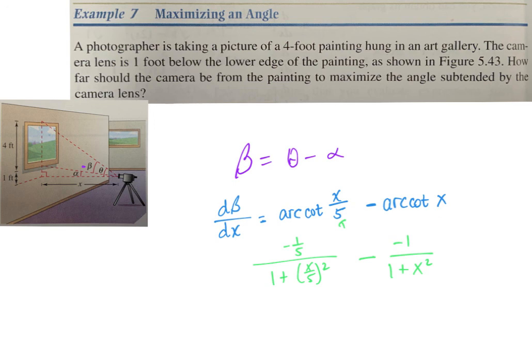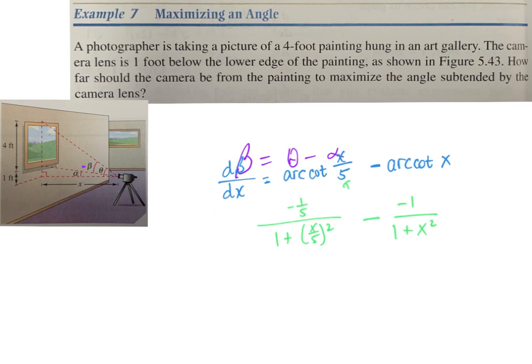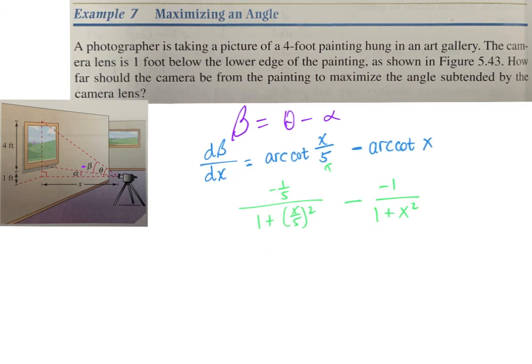All right, and then all the rest of it is just simplification. They literally just did algebra here. When you square this, you're going to have x squared over 25. So we have negative 1/5 over 1 plus x squared over 25.